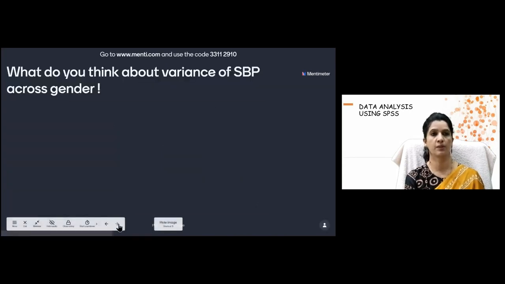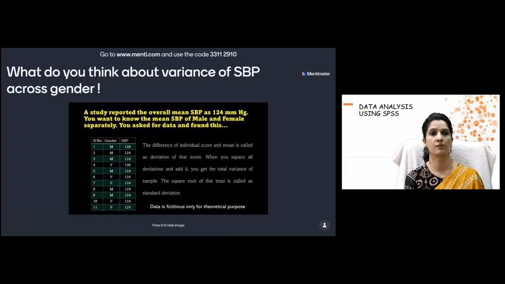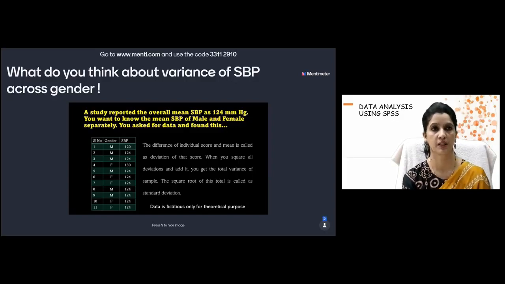Coming to the second question, now see this data. What do you think about the variance of systolic blood pressure across gender? A study reported that the overall mean of systolic blood pressure is 124 millimeter of mercury. You see the individual data where the first value is 120, the fourth value is 130. So two values are different from 124.